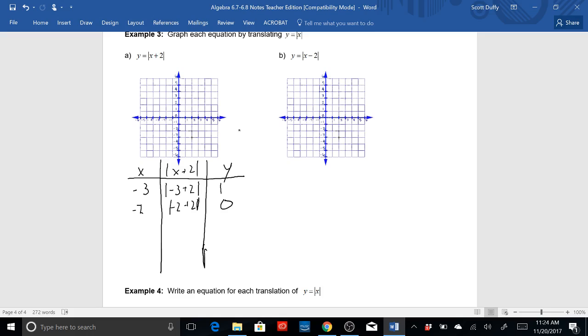And I'm doing it on the wrong graph. Sorry, people. Now -1: absolute value of -1 plus 2. Well, that's 1. Absolute value of 1 is 1.